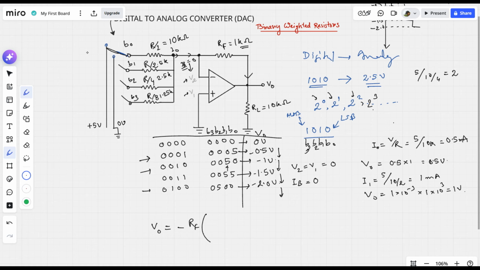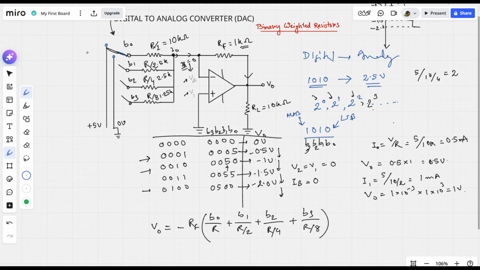For B0, it will be R. Then for B1, it will be R by 2. Then B2 will be R by 4. Then B3 will be R by 8. And it will continue in the same manner. Okay, so this is the generalized equation for the output voltage V0.